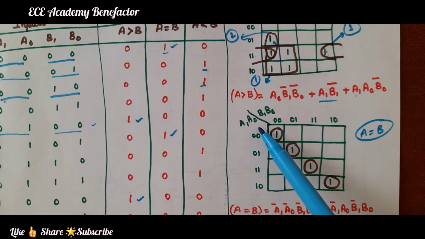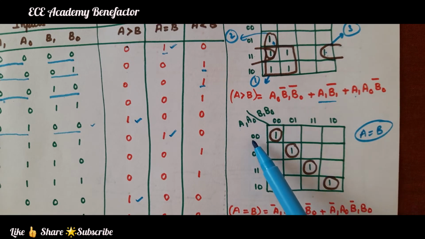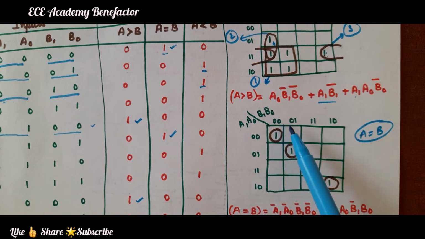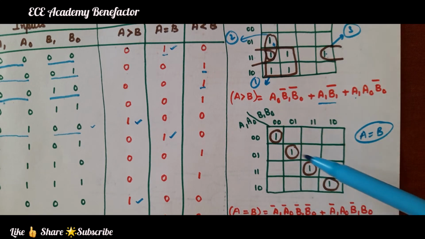So let us write the outer structure: A1 A0, B1 B0, with 0 0, 0 1, 1 1, 1 0 along each side.